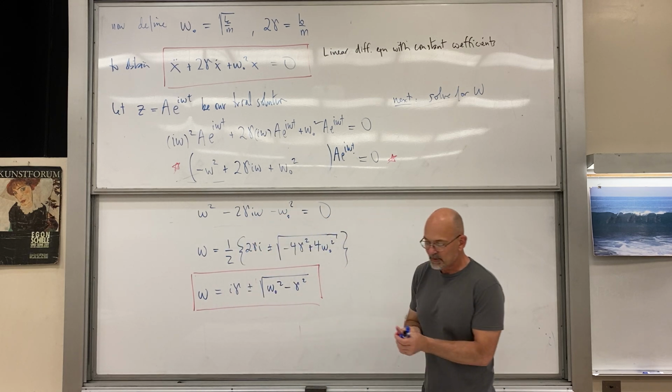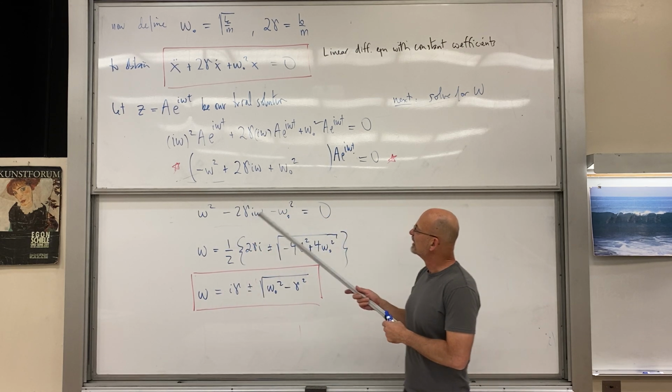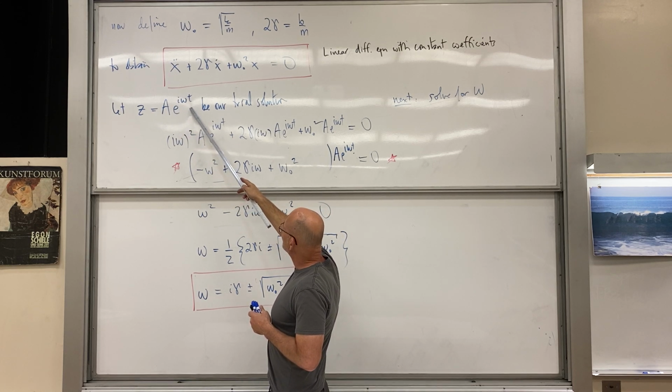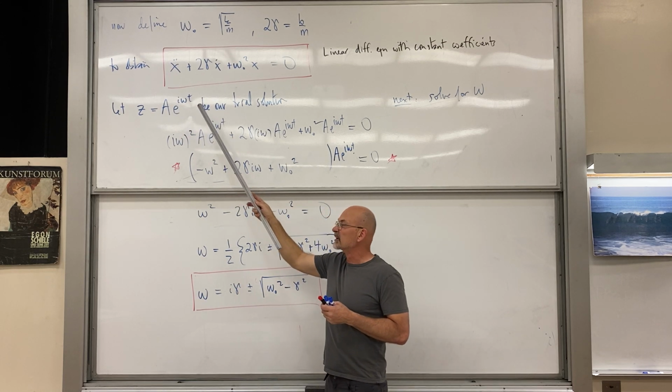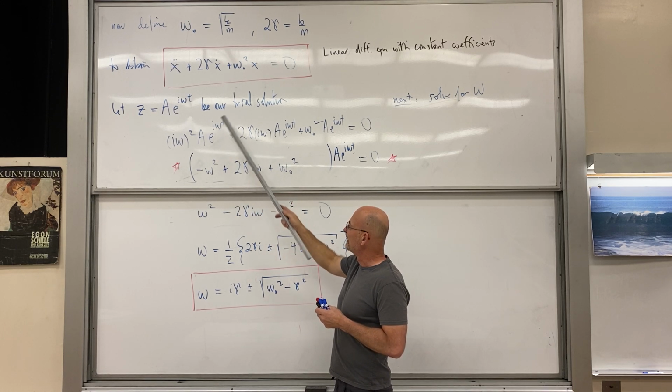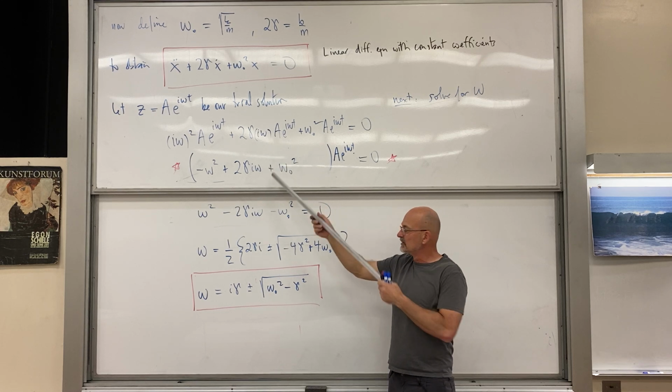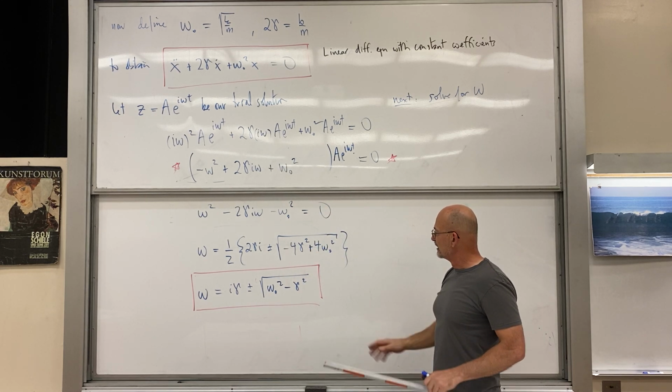It's equally possible, and that's actually what I was thinking of for a moment, to just set this up with an e to the lambda t or something, okay? And then you solve a similar polynomial, which will end up with the same answer. But this is fine.